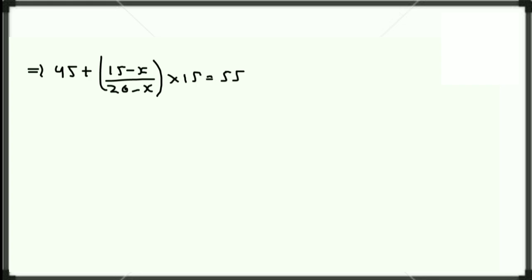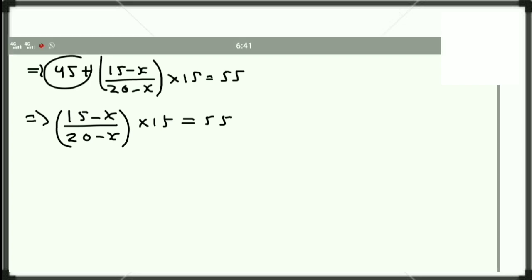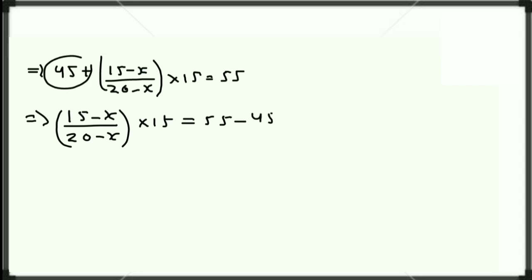Now 15 minus x by 20 minus x into 15 equal to 55, and this 45 goes to RHS over here and becomes minus 45.